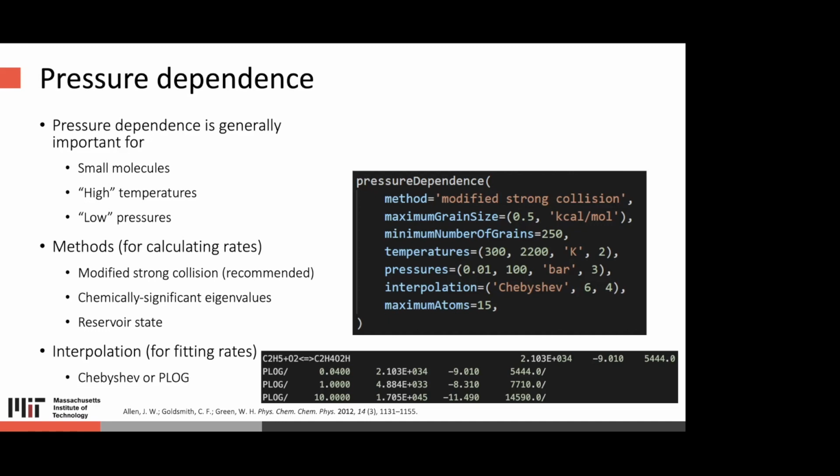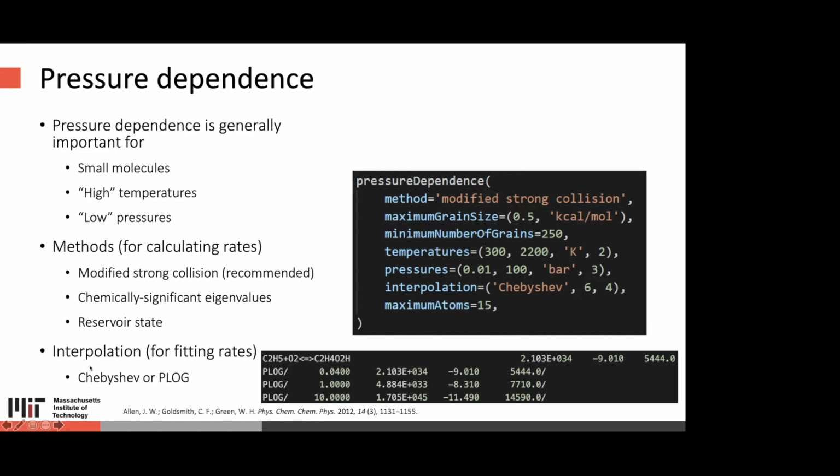So here, there are 3 methods for calculating the rate for pressure dependence in RMG. And we usually recommend you choose the modified strong collision. It's usually the most robust one. And the other ones, the chemically significant eigenvalues or the reservoir state, are very expensive and not guaranteed to be very robust.